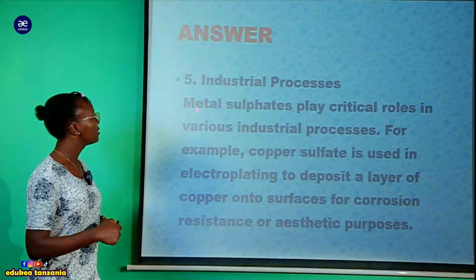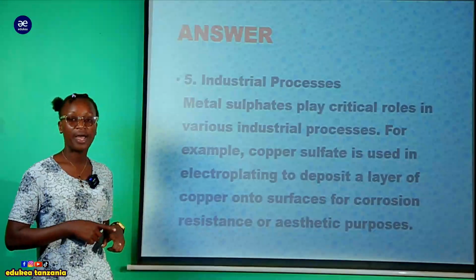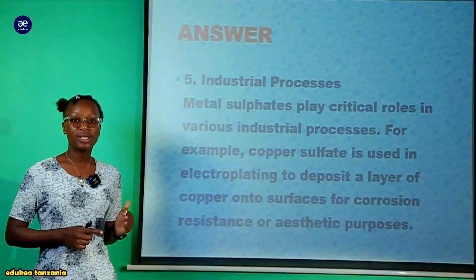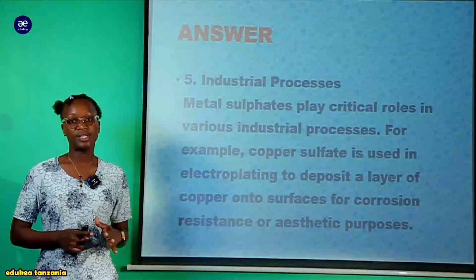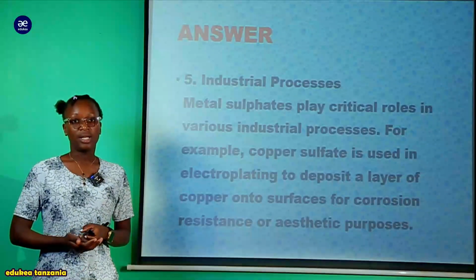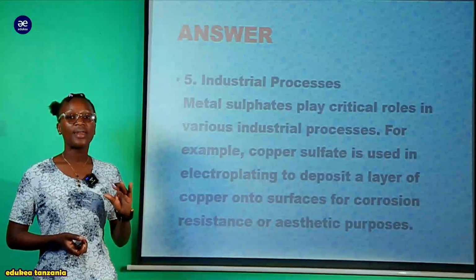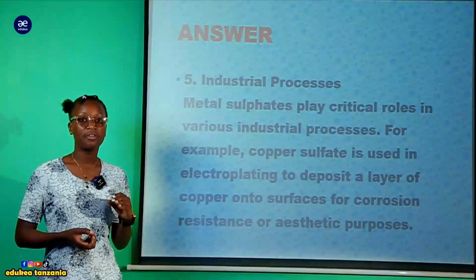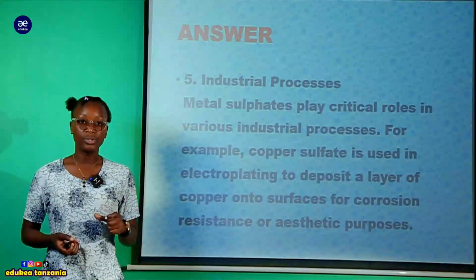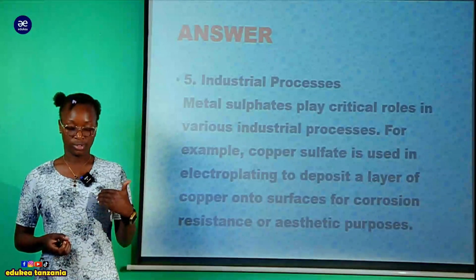And this is our last point, the point number 5. Nakumbuka alituambia uses, explain 5 uses of the metal sulfate. So we tried to look in, na tumeona kwenye kila field kuna different significant, kuna different importance or uses za hizo metal sulfate.